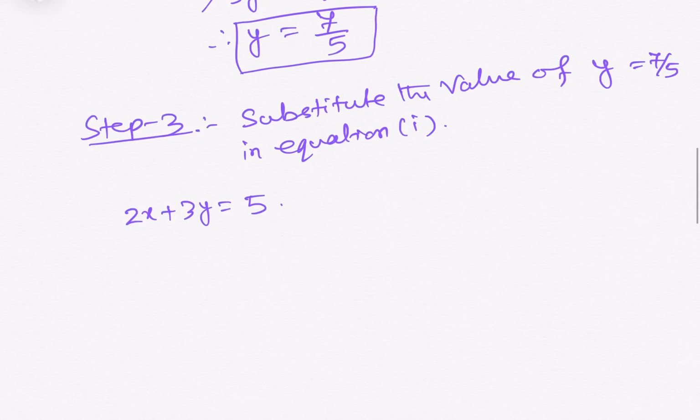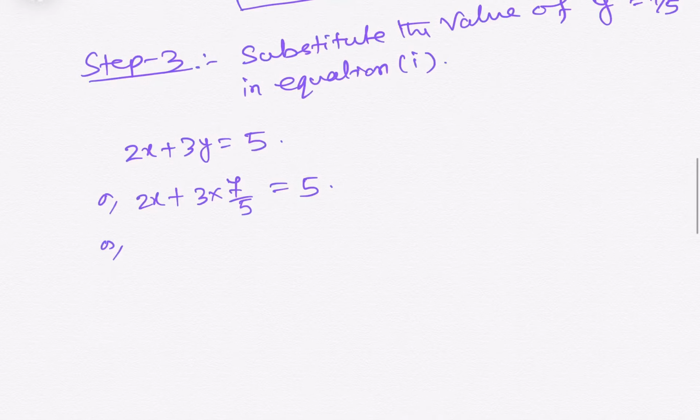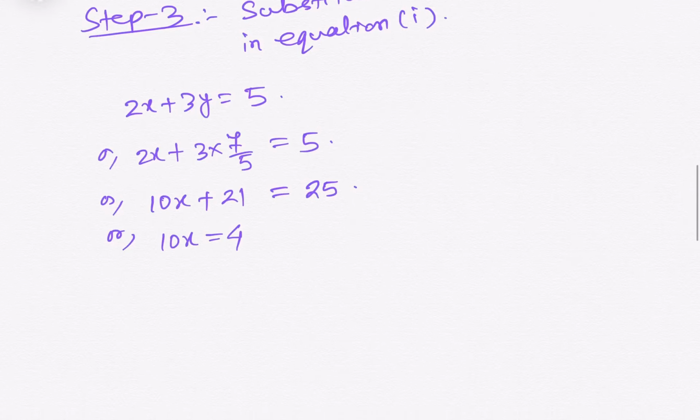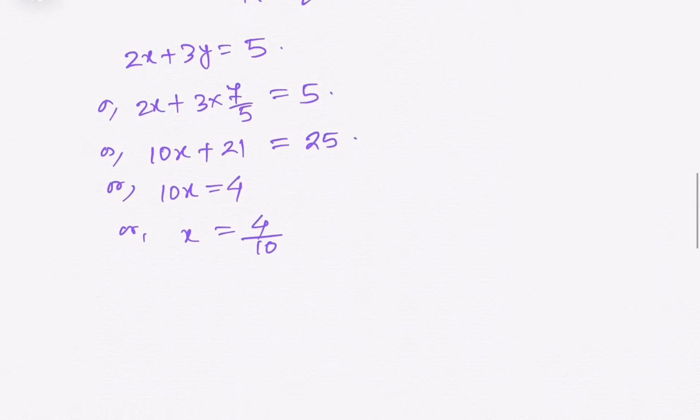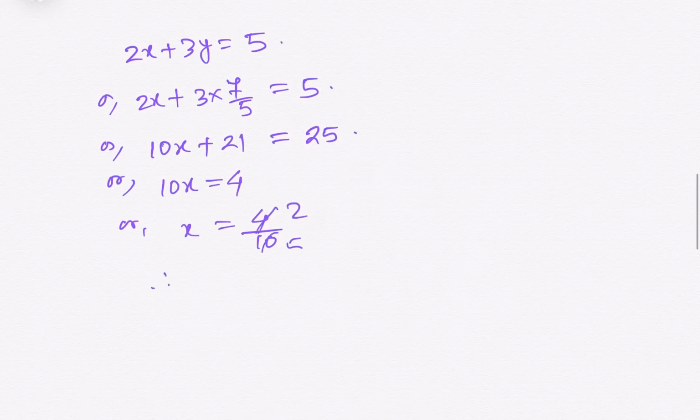So 2x plus 3 into 7/5 equals 5, or 2 into 5, which is 10x, plus 3 into 7, which is 21, equals 5 into 5, which is 25. So 10x equals 25 minus 21, which is 4, so x equals 4/10, therefore x equals 2/5.